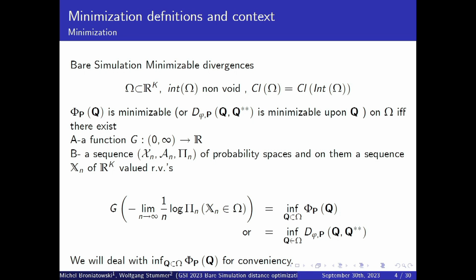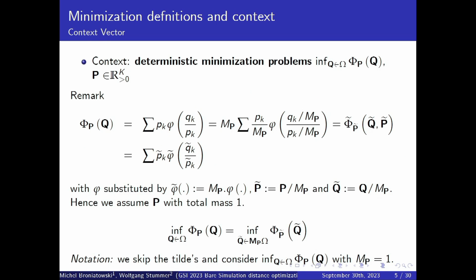So clearly the sequence X_n of random variables will depend upon the choice of P, obviously, and necessarily also on the basic divergence function, the generator of the divergence phi. So it is no surprise that the construction of the sequence X_n makes those elements appear quite naturally.